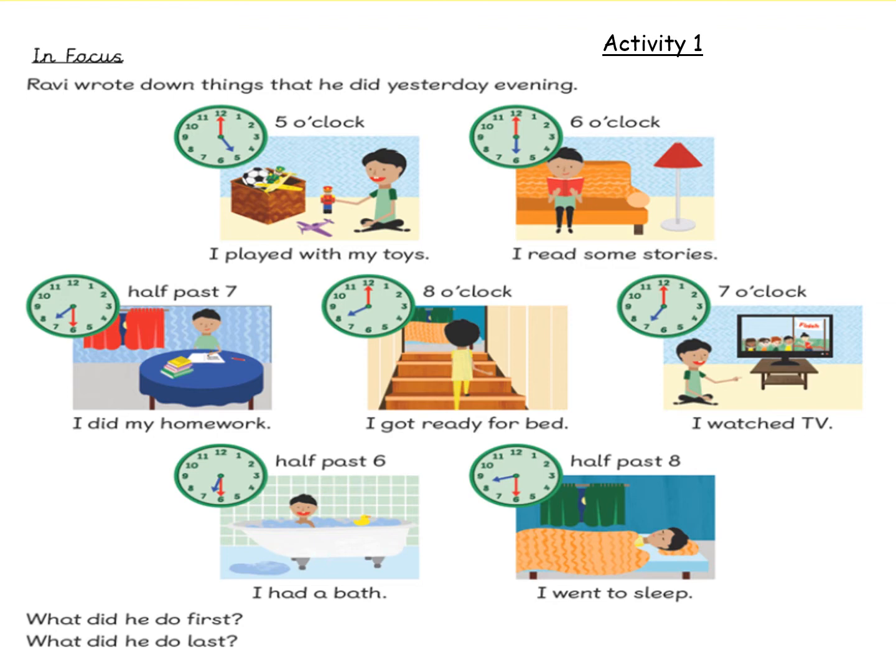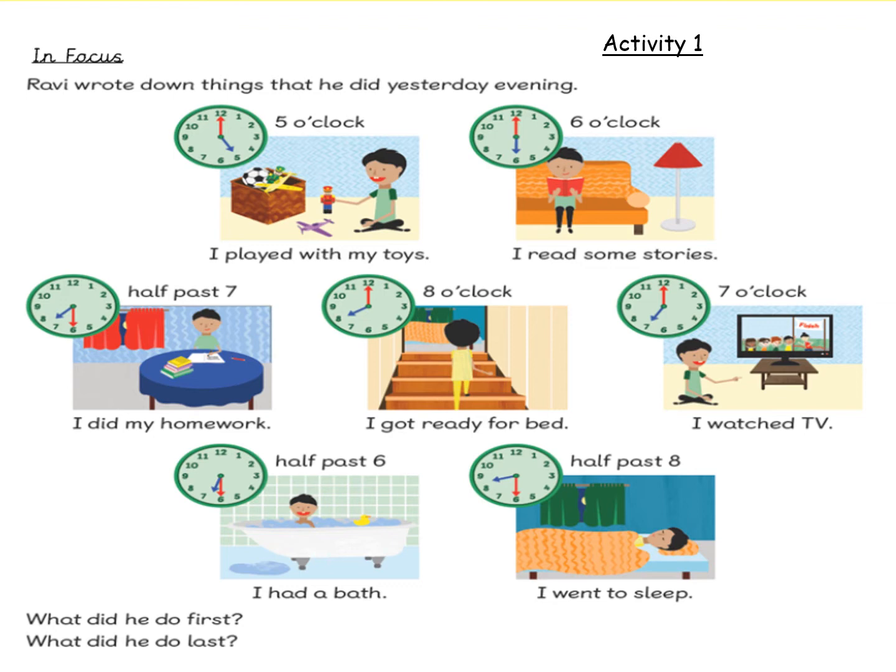So I want you to put what did he do first at the top, so earliest, and then put it in order down to what he did last, latest. Okay, I'm going to read it to you now in case you're doing it on your own, and if you want to you could write it out in order or you could just say it to your parents or say it in your head. So let's have a look.